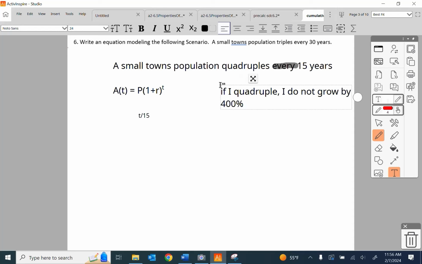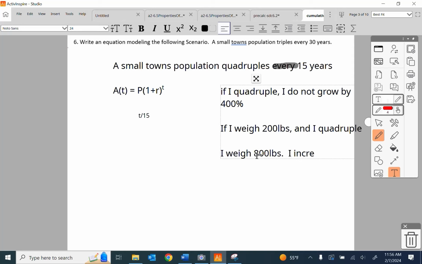All right, so let's take an example. If I weigh 200 pounds and I quadruple, I weigh 800 pounds. I increased by 300%.